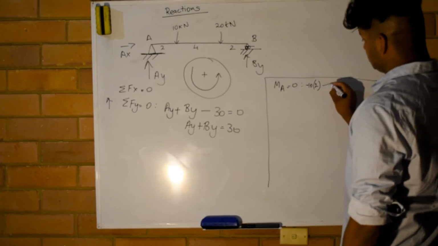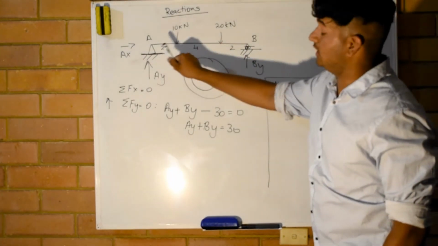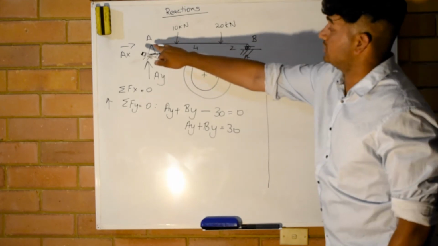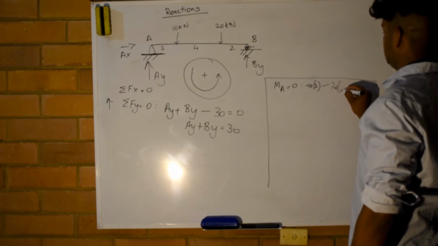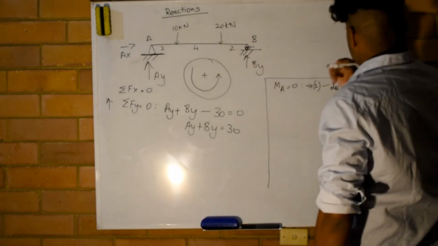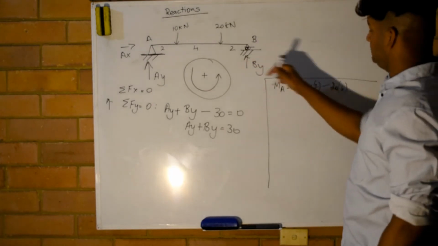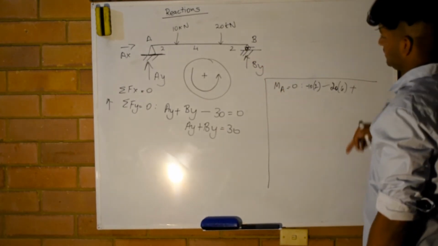Now the next one is negative again, 20. What's the distance? 2 plus 4, that's 6, so 20 at 6. Now the next one is BY, which is going upwards, which is going in the anti-clockwise direction.